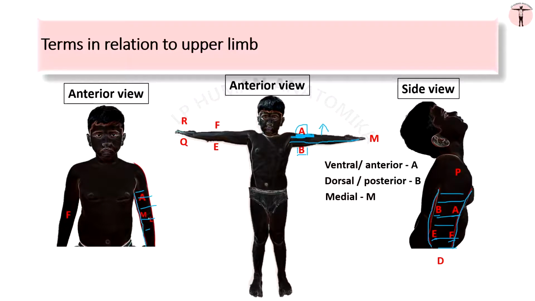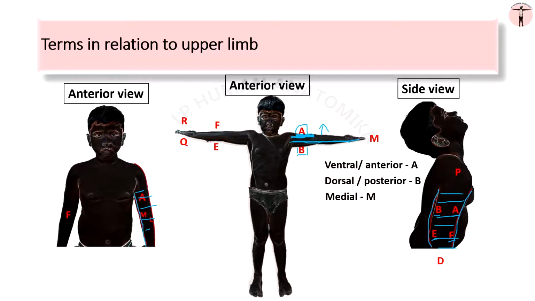So in the anterior view, depending on the position of the upper limb, when the upper limb is abducted, taken away from the body, we can see the medial side of the upper limb.